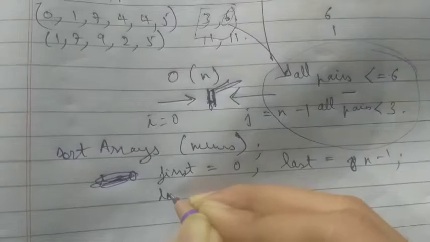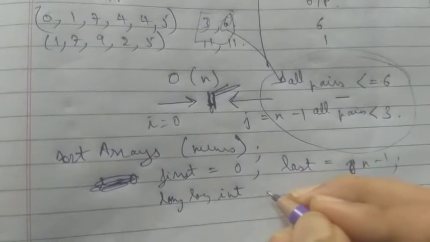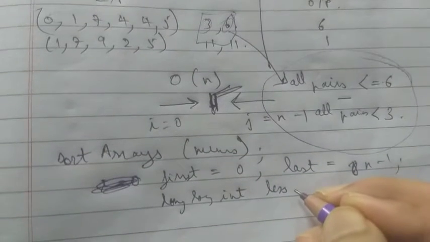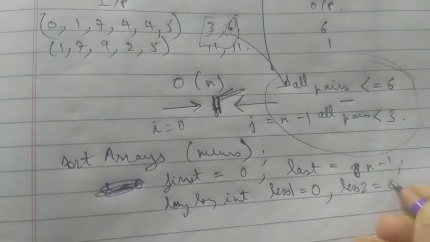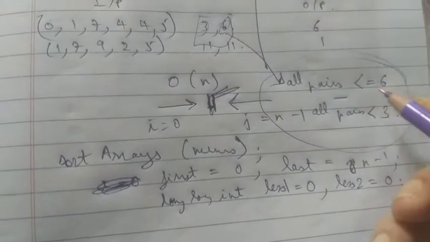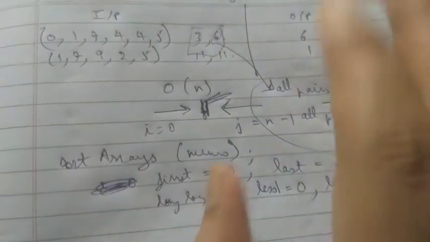So let's say long int less1 equals 0 and less2 equals 0. That is, lesser than or equal to this is 0 and lesser than this is 0 initially.